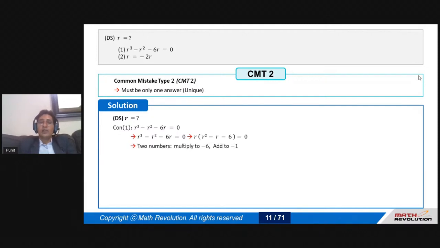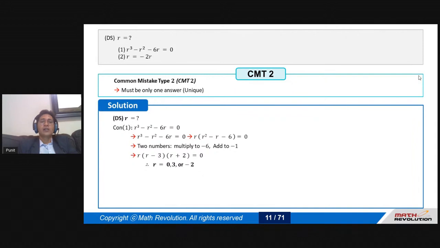Now either R equals 0 or R square minus R minus 6 equals 0. For the quadratic part, I need two numbers that multiply to minus 6 and sum to minus 1. Factorizing the quadratic equation, I get R minus 3 and R plus 2. So overall, the values I get here are R equals either 0, 3 or minus 2.